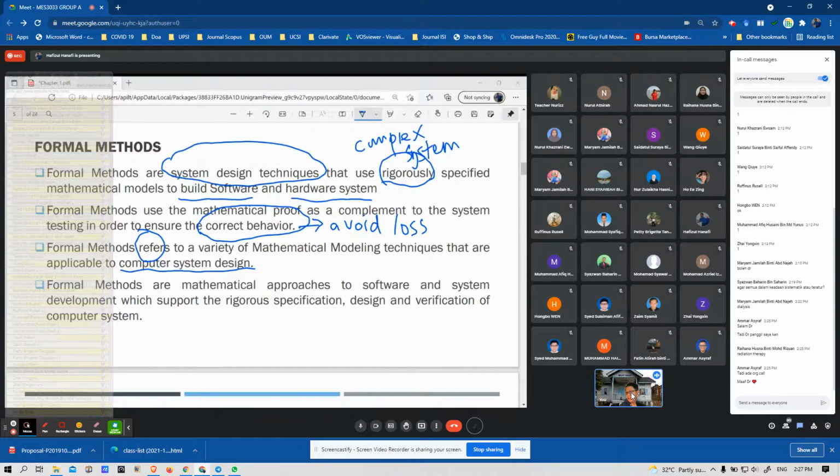Okay, what is an example of a mathematical model? Three mathematical models that you need to know in the formal method.